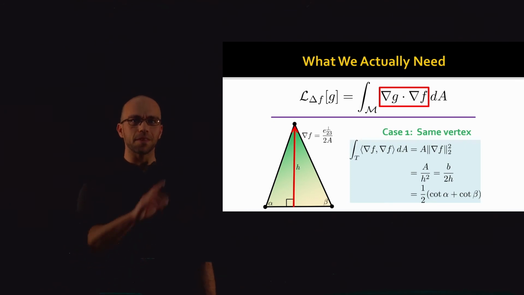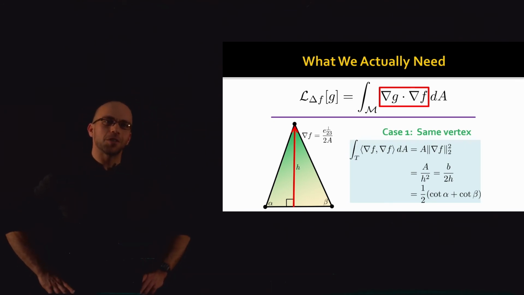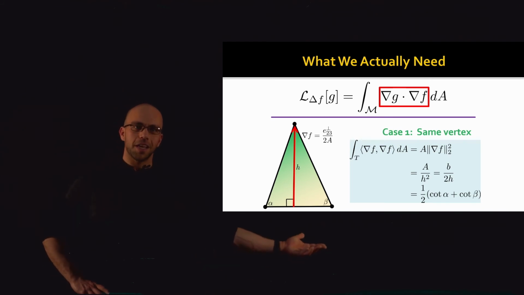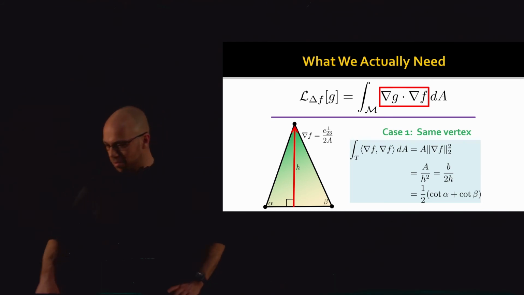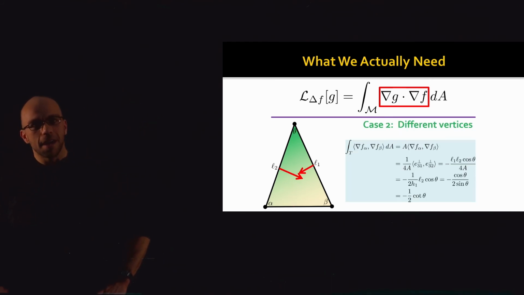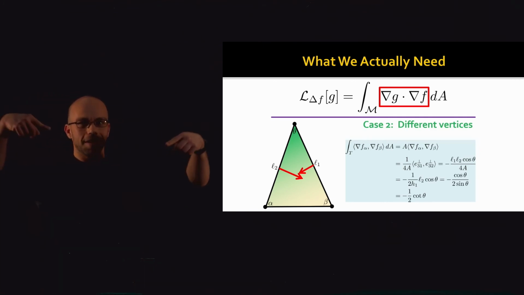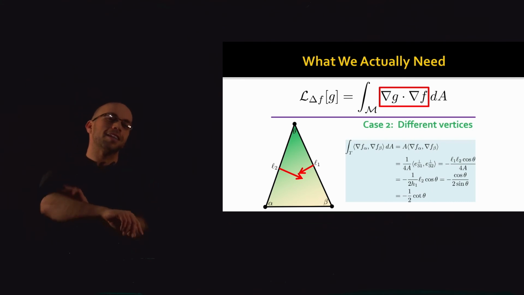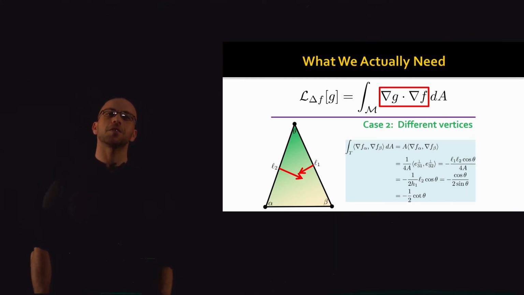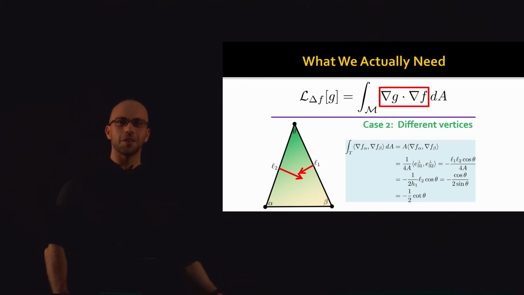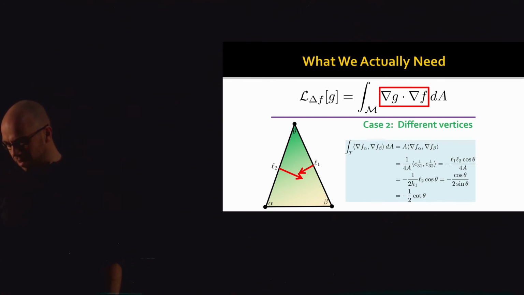One is the norm squared of the gradient of the hat function integrated over the triangle, which gave us 1/2 times the sum of cotangents. And the second thing we did was show we have two different hat functions at two different vertices. Take their gradients, inner product, and integrate over the triangle. We get yet another cotangent formula. This thing is essentially appearing everywhere.